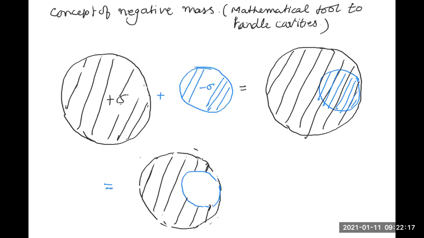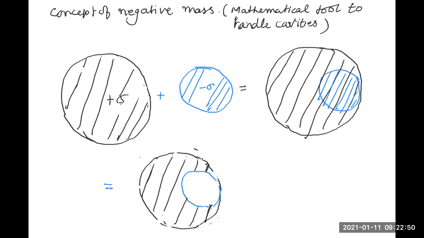So this is a very neat little trick. Whenever you are dealing with cavities, imagine that there is no cavity. There is a solid object. There are two solid objects, one with positive mass density. Whether that mass density is surface, linear or volume depends on the situation. In this case, it is surface mass density.